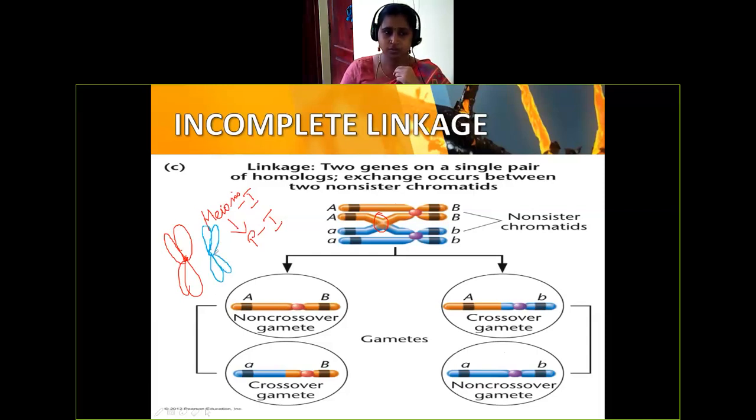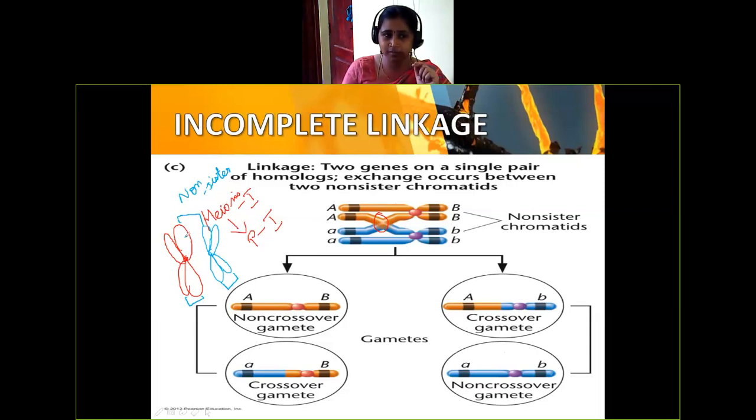So here these are the chromosomes. We discussed this is a sister chromatid, this is a sister chromatid, and for the red one, the blue one will be the non-sister chromatid. We have to say chromosome here because it is in condensed form. When it intercrosses, I'm taking only one arm, that red arm.